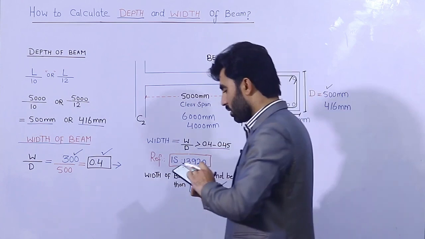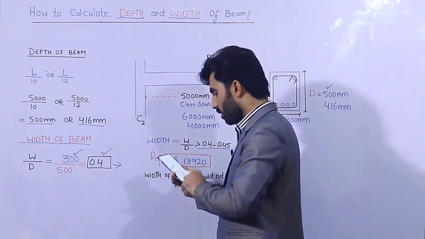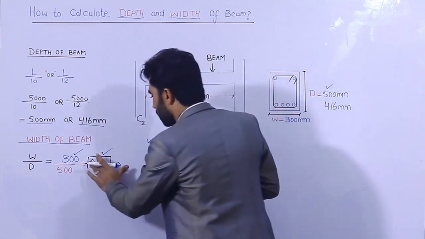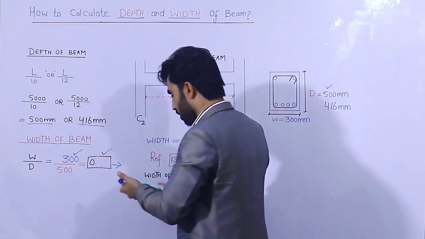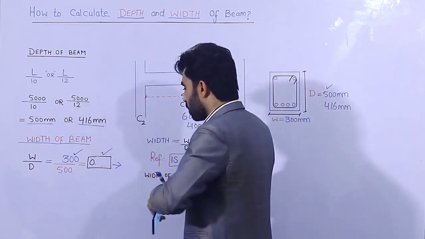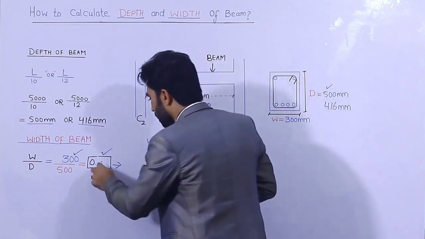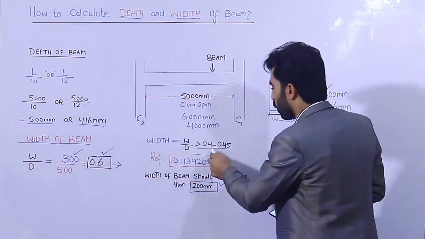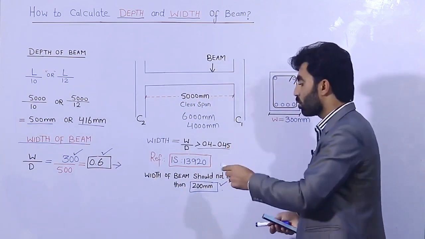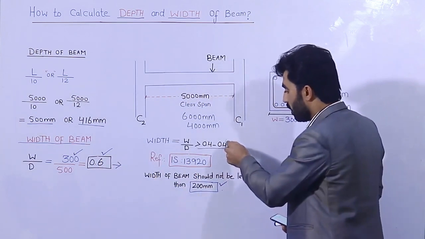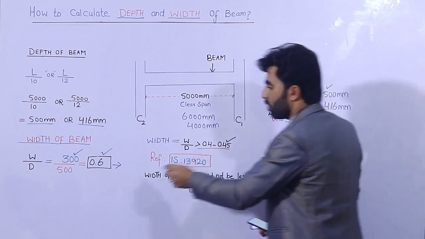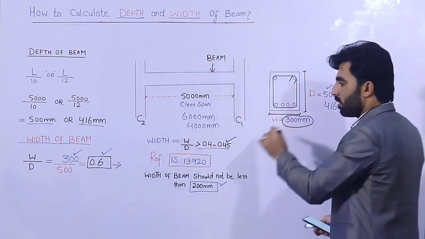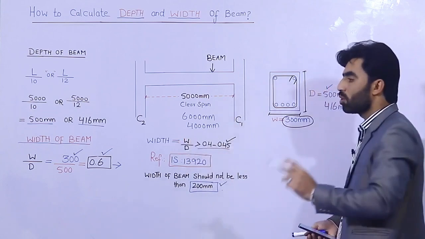The value is 0.6. This is better than the range of 0.4 to 0.45. So this is safe, and I have put a factor of safety in this. Therefore 300 is better than 200 or 250 mm.